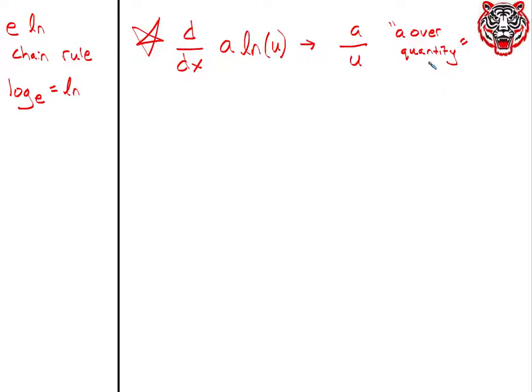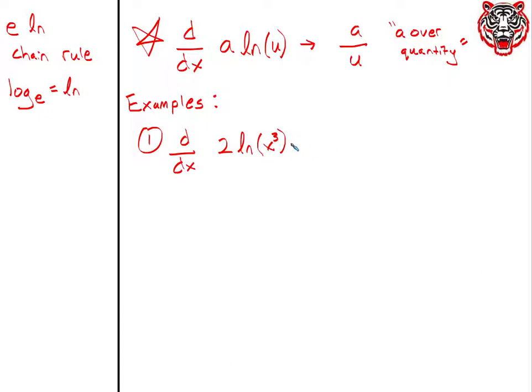All right, so examples. I want to do 2. So we'll label these examples. Here we go. Here's the first out of the 2. So I'm going to take the derivative of 2 natural log of x to the power of 3.